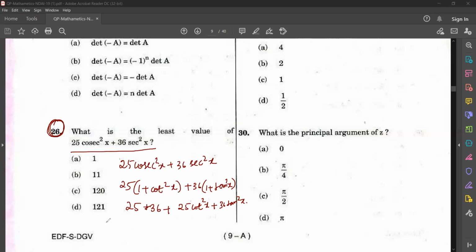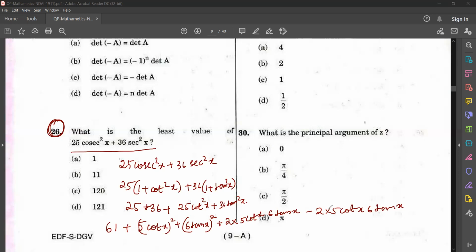Now, can I write this as 25 plus 36? It is 61 plus, I'm going to write this as 5 cot x the whole square plus 6 tan x the whole square. Then I'm adding a 2 into 5 cot x into 6 tan x and subtracting 2 into 5 cot x into 6 tan x.